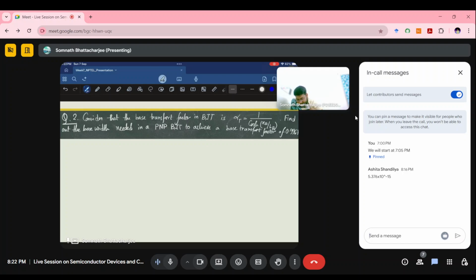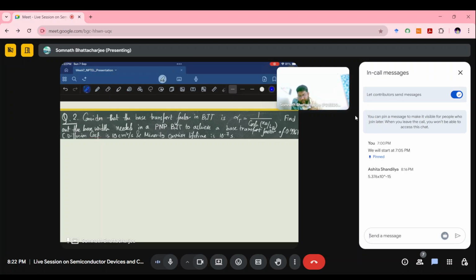They have also given that the diffusion coefficient is 10 centimeter square per second, and the minority carrier lifetime is 10 to the power minus 7 seconds.